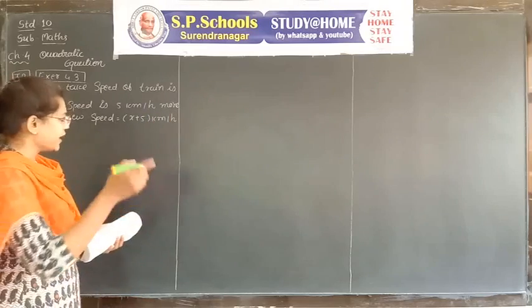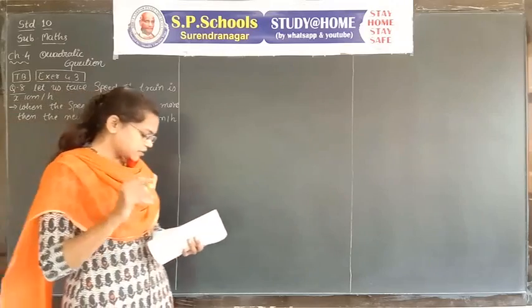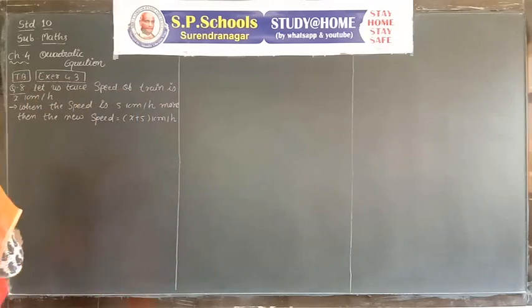At the uniform speed and at the new speed, the train travels a distance of 360 km. Now we find the time for both.